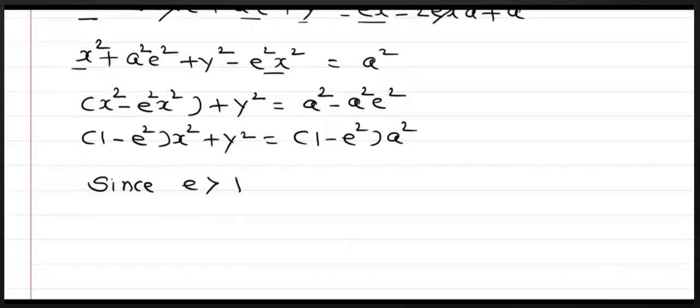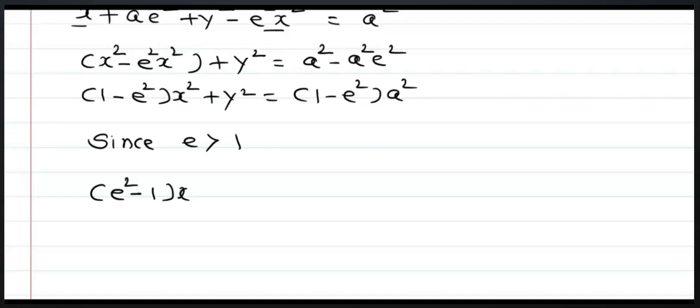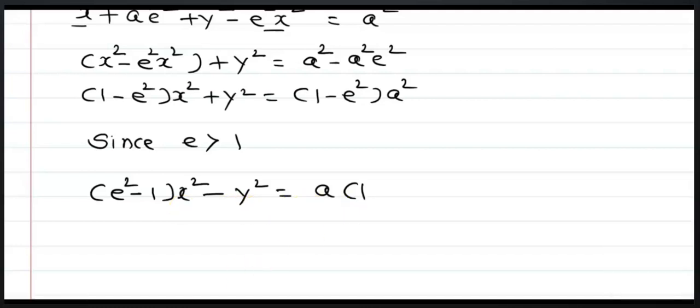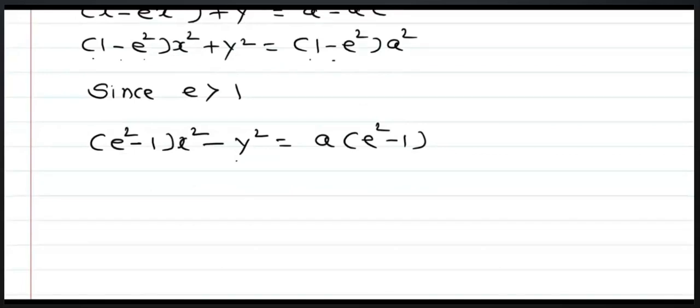Dividing on both sides. e is greater than 1. Now as e is greater than 1, (e square minus 1) x square minus y square is equal to a square (e square minus 1). Therefore, it can be written like this.